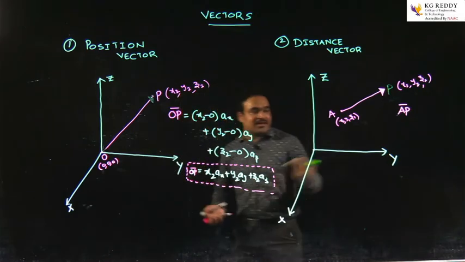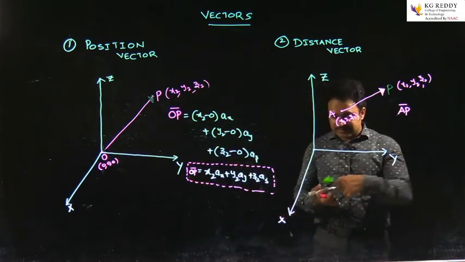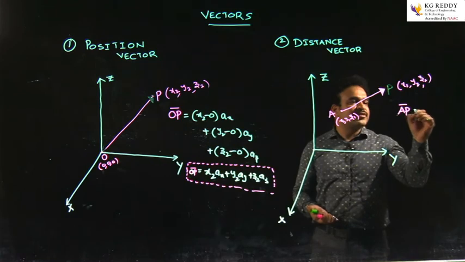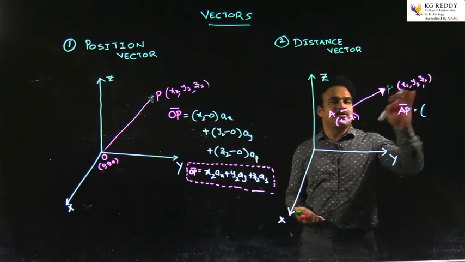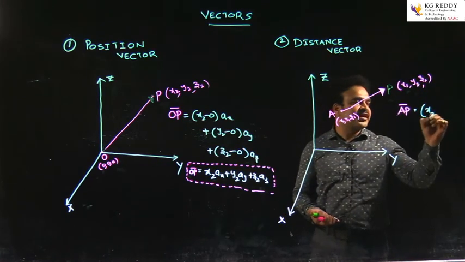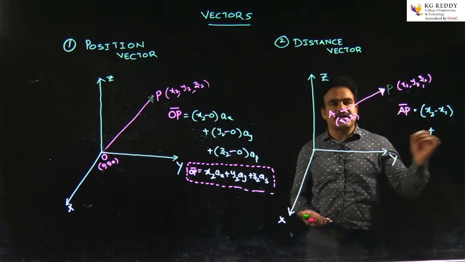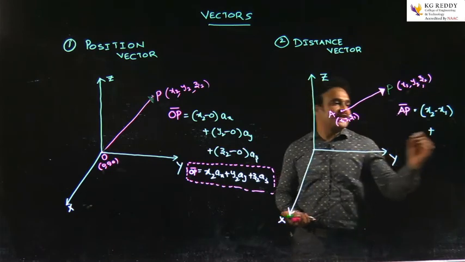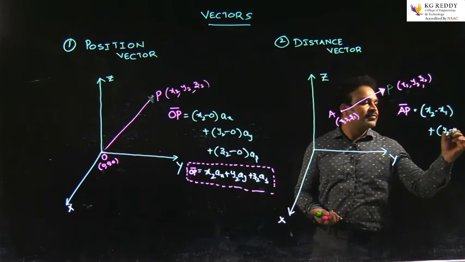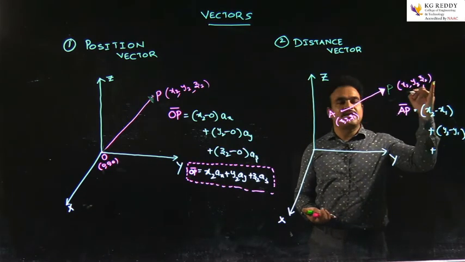In the same way here, how to write the equation? I will take AP bar. So AP bar can be written as the end point minus the first point. It means that x2 minus x1. I will write the unit vectors later. In the same way, y2 minus y1, and in the same way z2 minus z1.